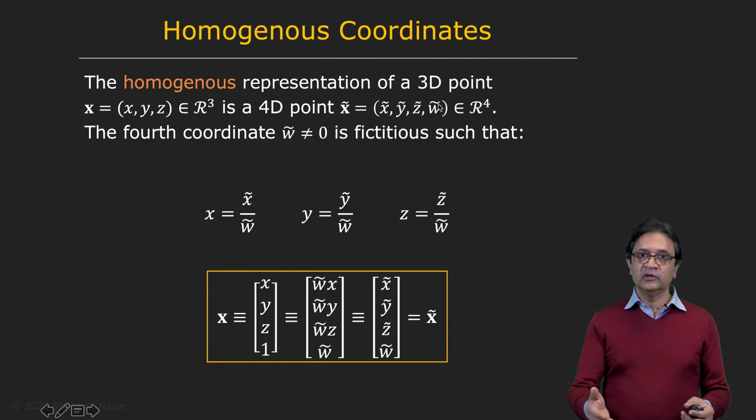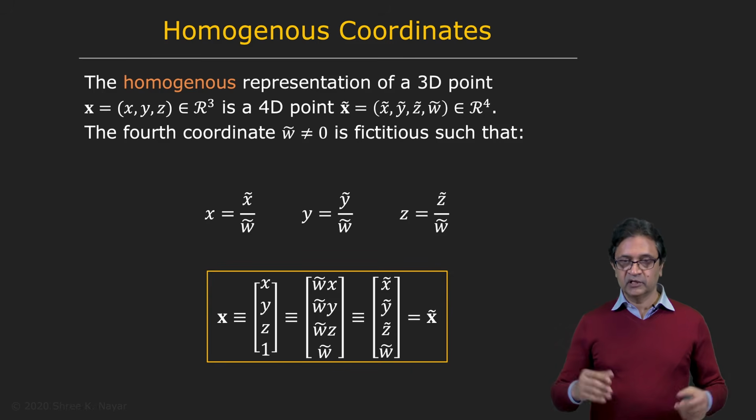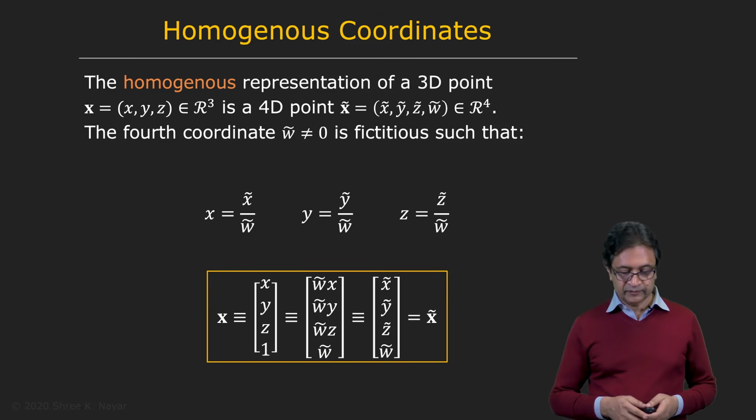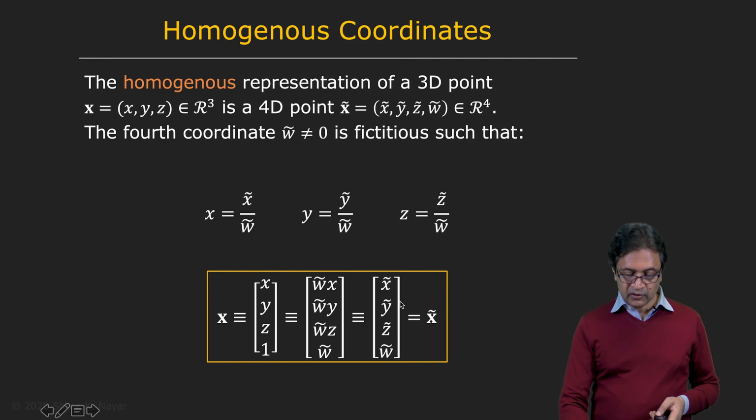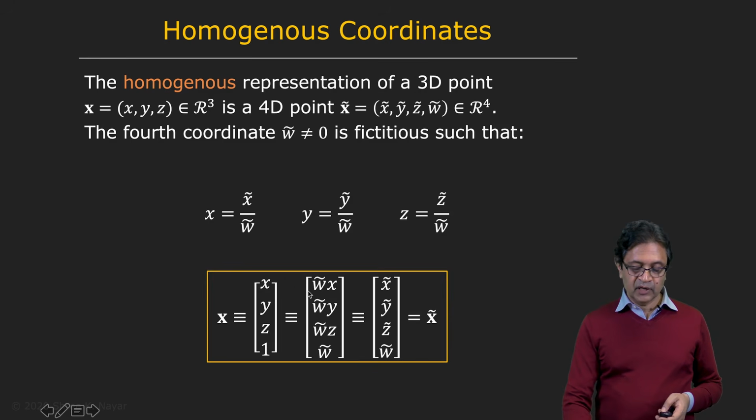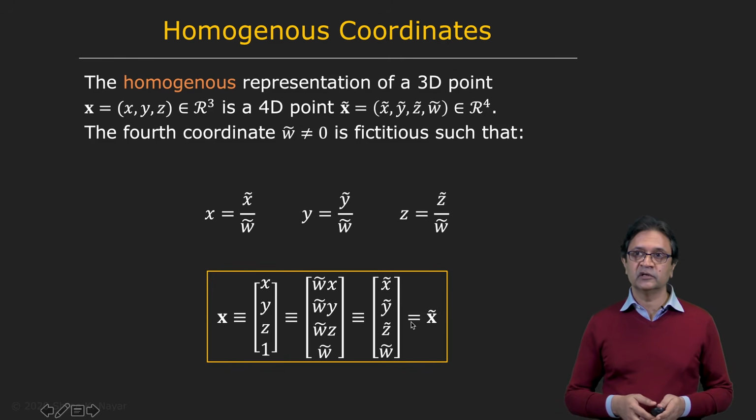We're going to use this as well as we develop our linear camera model. So a point in your camera coordinate frame, X, Y, Z, can be written as XYZ1, which is equivalent to the same multiplied by any constant W tilde. That gives you X tilde right here. These two are equivalent to each other in homogeneous coordinates.